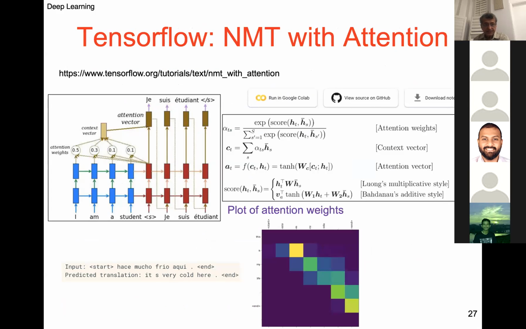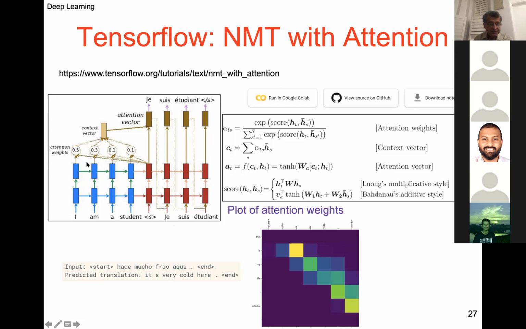So this is TensorFlow, which is available at tensorflow.org. Neural machine translation with attention. It's again showing "I am a student" as the input and "je suis étudiant" as the output, which is the translation from English to French.